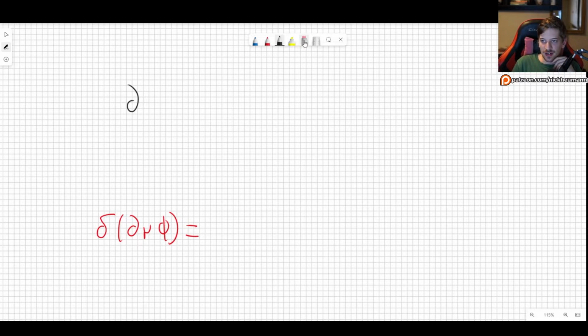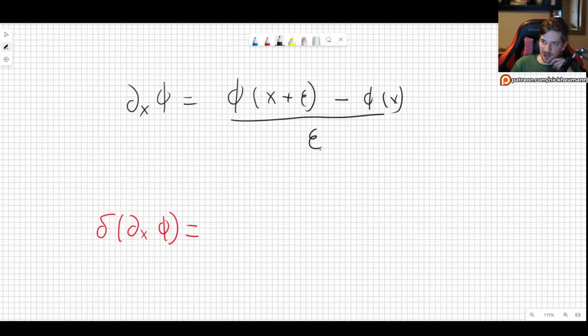Let's say that we are in the x direction. This is of course valid for any direction. So this thing here would simply be phi of x plus epsilon minus phi of x, divided by epsilon, and we take the limit when epsilon goes to 0.